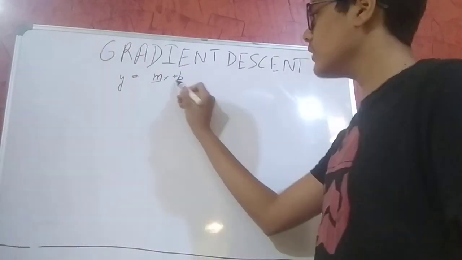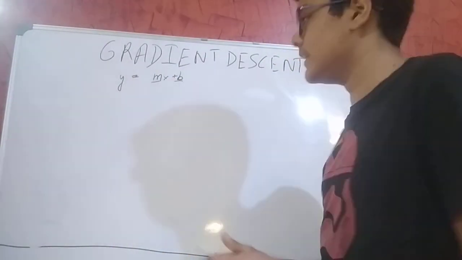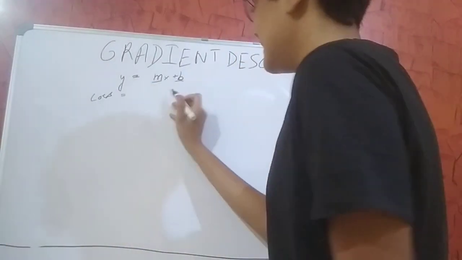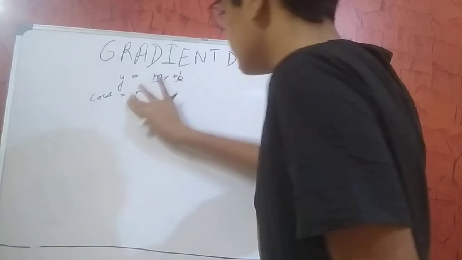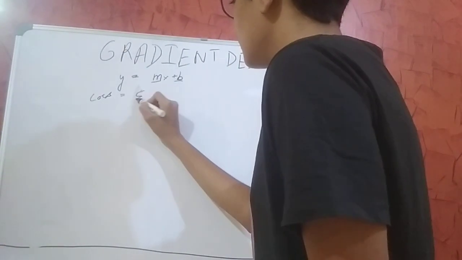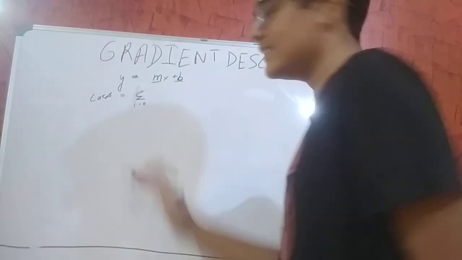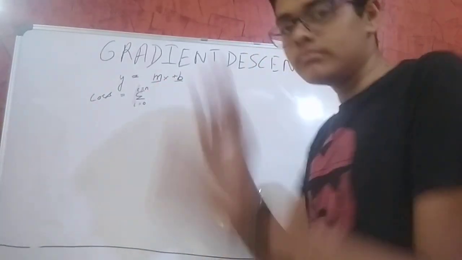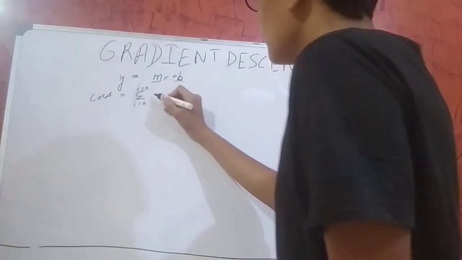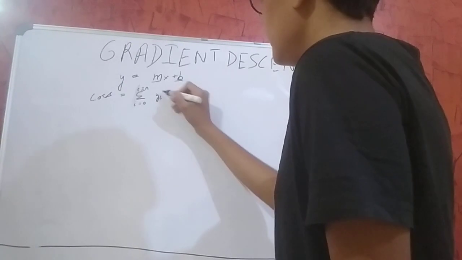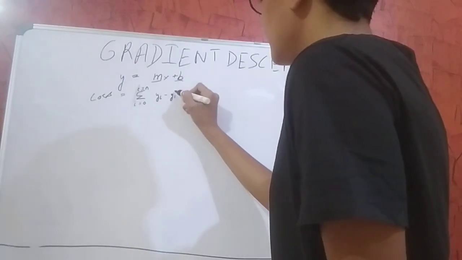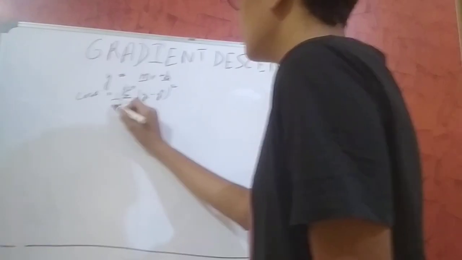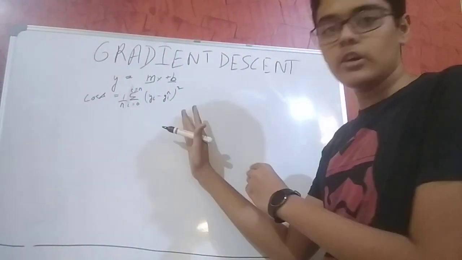We need to optimize that, and we defined our loss as the sum from i equals 0, where i is just the training point index through the last training point, of (y_i minus y_i hat) whole square, and then you put 1 over n. So that's your loss function.